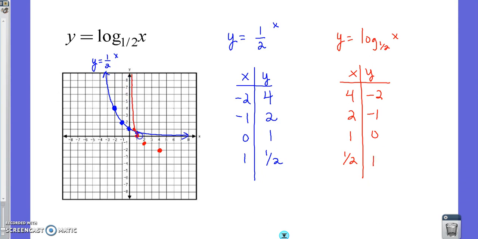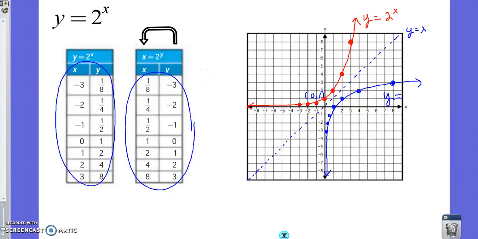You'll see it comes up and hugs the y-axis. Again, if you look, this is a reflection over the diagonal line y equals x. And again, the second graph that I just did is log base 1/2 of x. Now that takes us back to the very first graph that we did. When we flipped the points around and didn't have a name for it, we started with a power of 2, therefore its reflection or its inverse is the log base 2 of x.